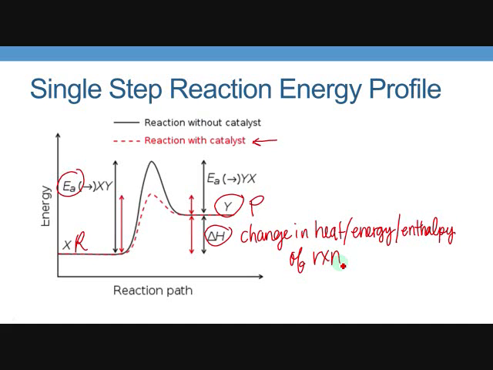So you should know if it's endothermic or exothermic based on if it's a positive or a negative number, right? Negative means, which one? Exothermic. So a negative change in energy means it's exothermic. A positive change in energy means that it is endothermic.